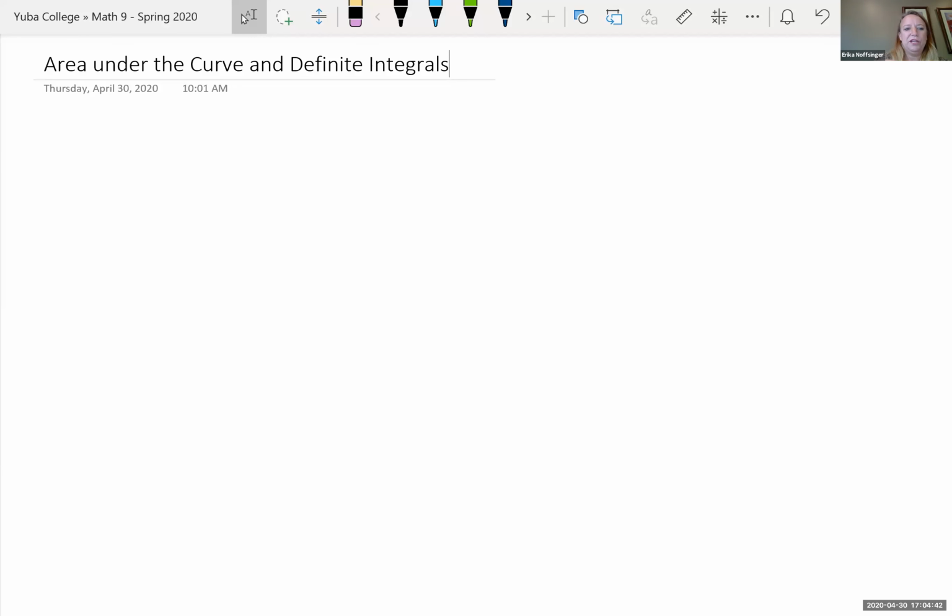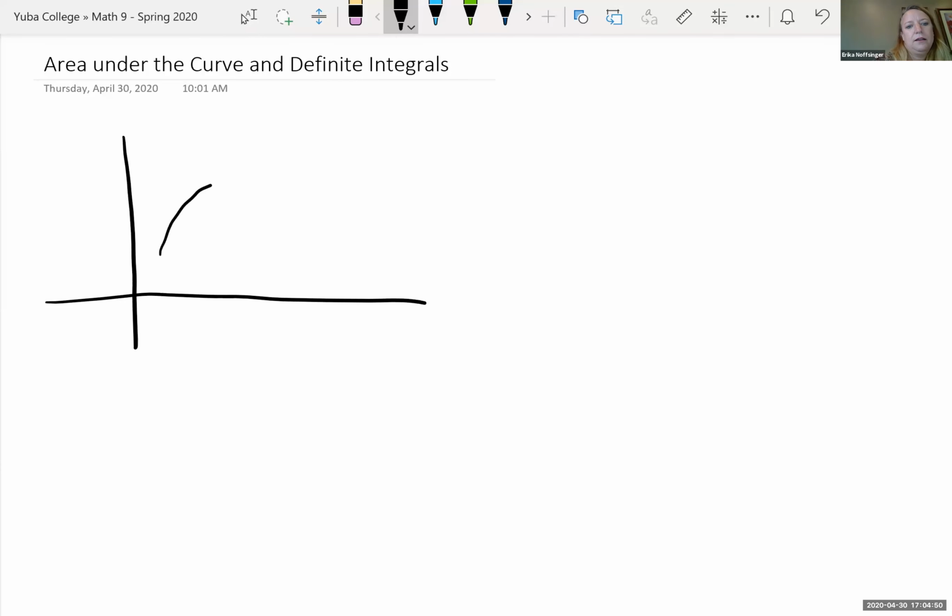So let's say you had some equation, a function f of x, and it was continuous, and it was above the x-axis. Let's say you bound this.